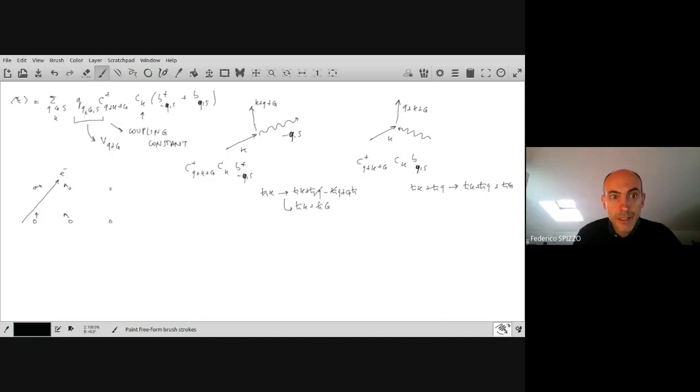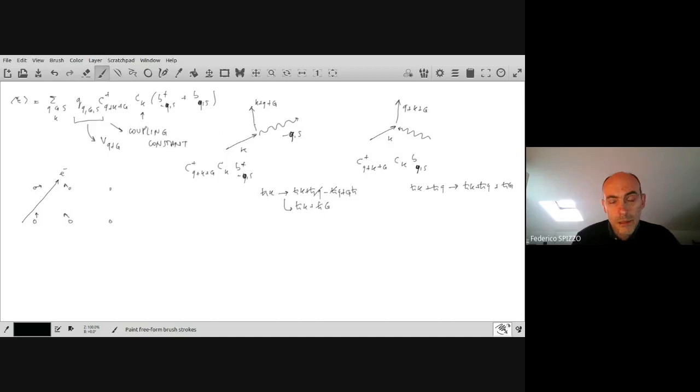So this term here represents, or is related to, the strength of the interaction between electrons and phonons. Later, when we discuss the effect of that over the resistivity, we will see that the coupling constant is related to the scattering rate that is associated to this kind of process.